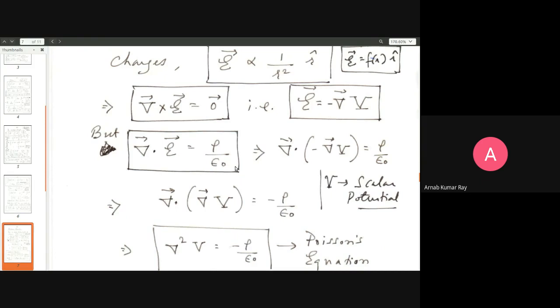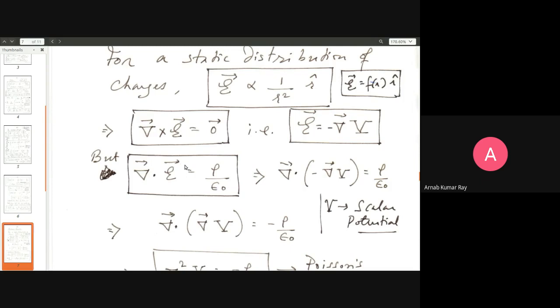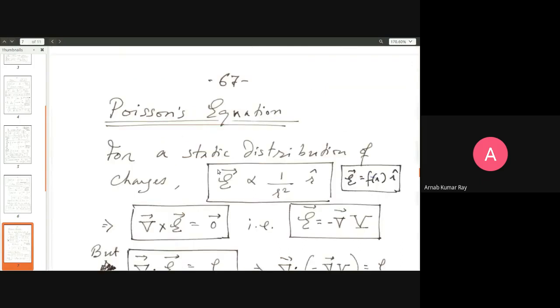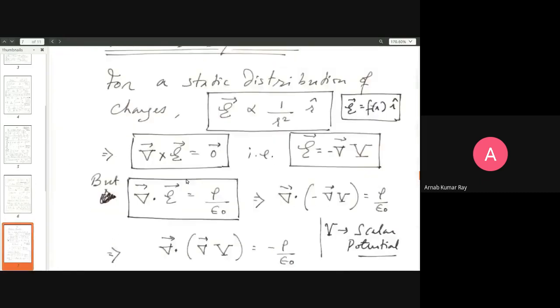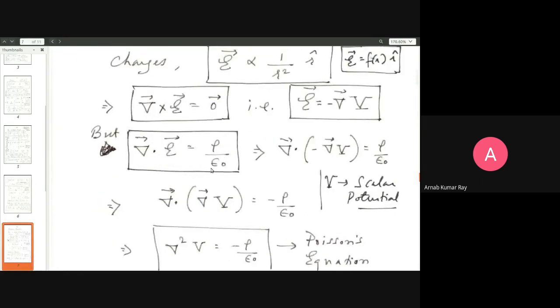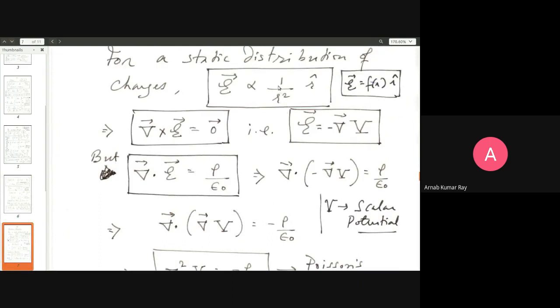But then Gauss's law of electrostatics in differential form also tells you that the divergence of E is equal to rho by epsilon naught. So just follow the logical flow.